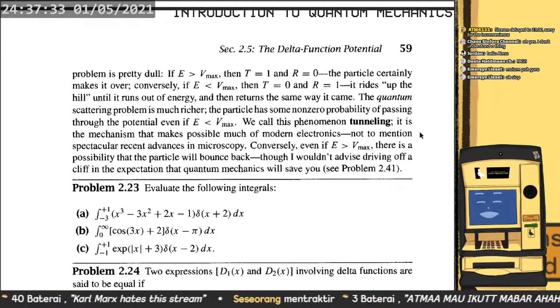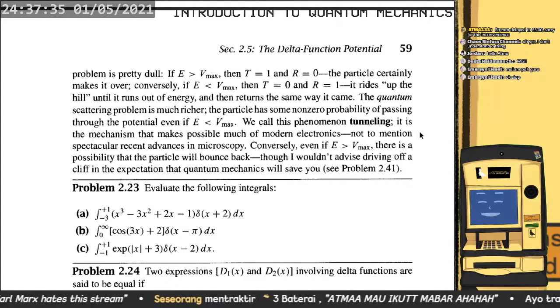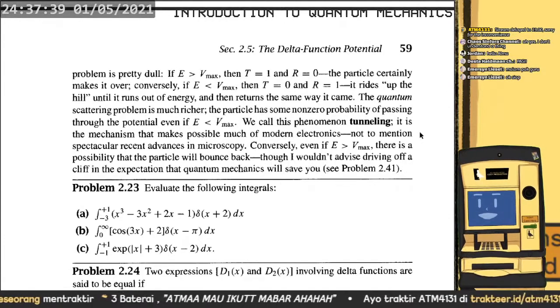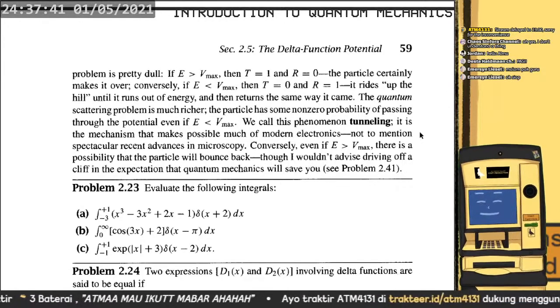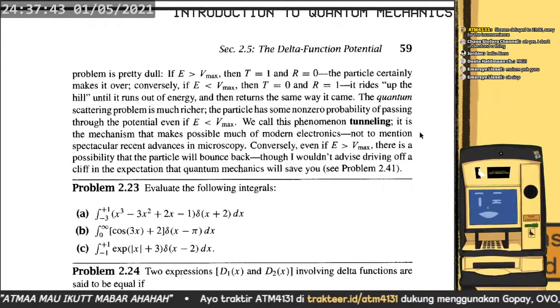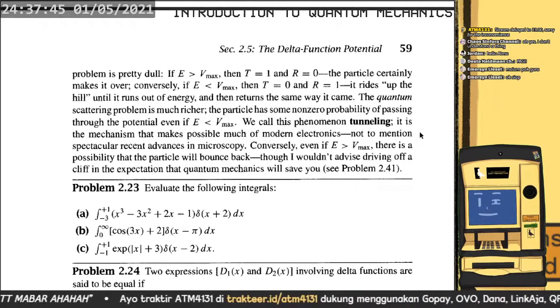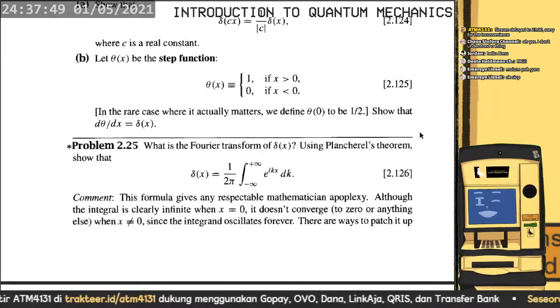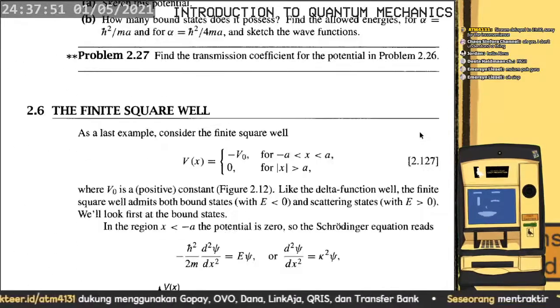Conversely, even if energy is greater than the maximum potential, there is a possibility that the particle will bounce back. Though I wouldn't advise driving off a cliff in the expectation that quantum mechanics will save you.